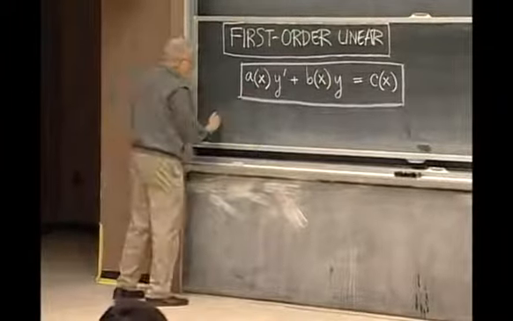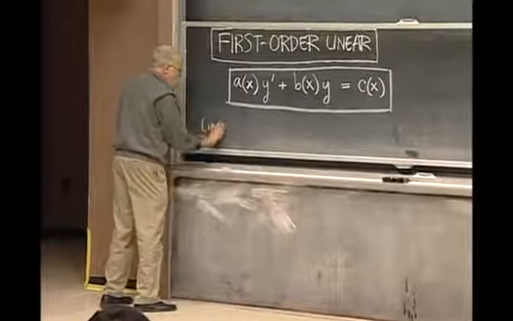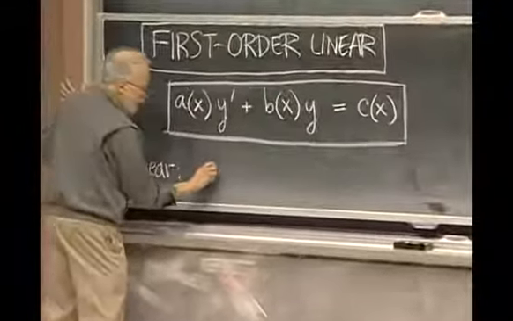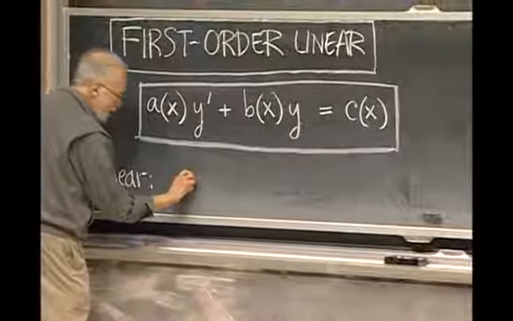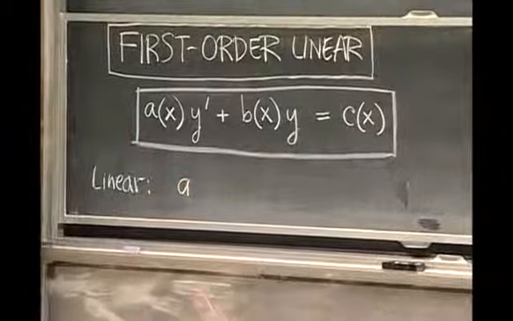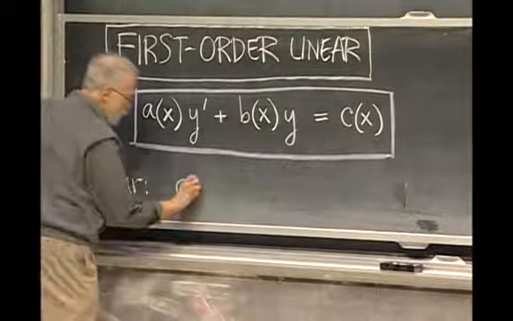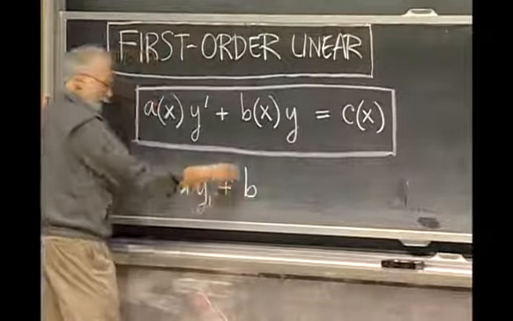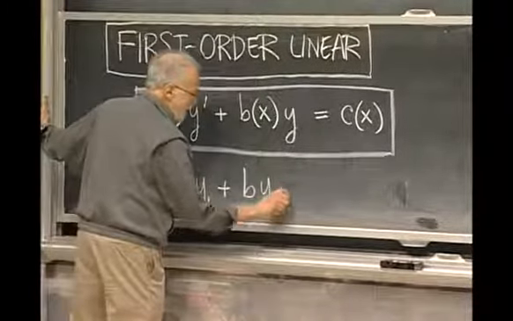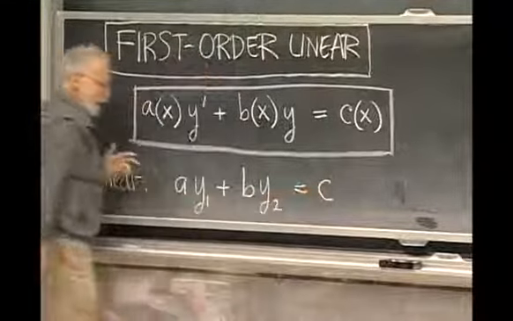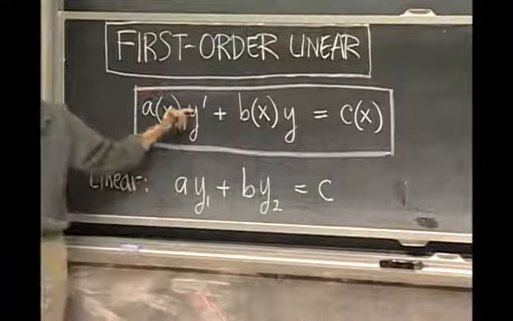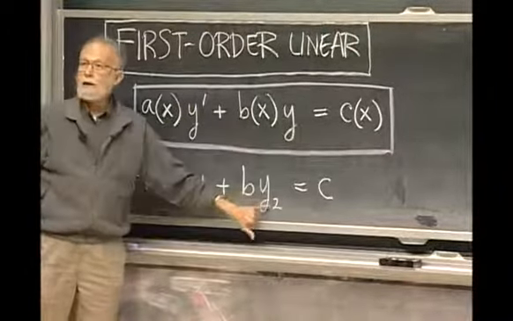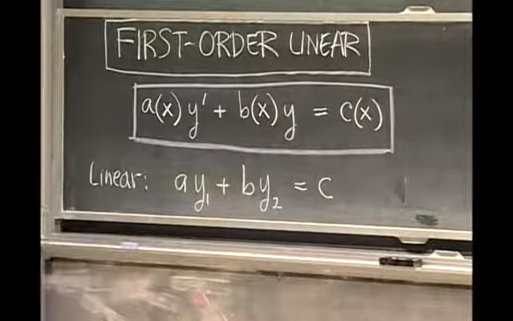The most closely analogous thing would be a linear equation like the kind you studied in high school, which would look like this. It would have two variables and constant coefficients, equal to c. Now that's a linear equation, and that's the sense in which this is linear. It's linear in y prime and y, which are the analogs of the variables y1 and y2.